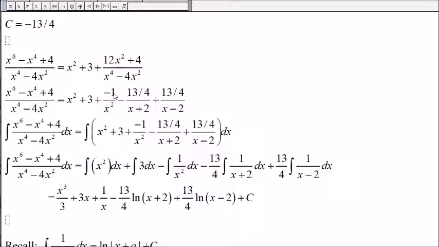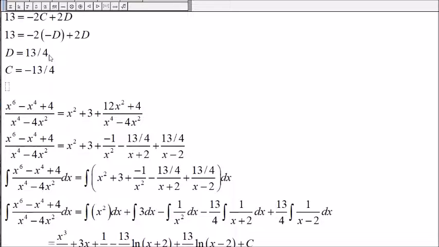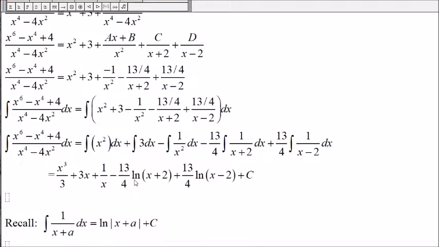So we end up with negative 1 over x squared, and then C over x plus 2, where C is negative 13 over 4.